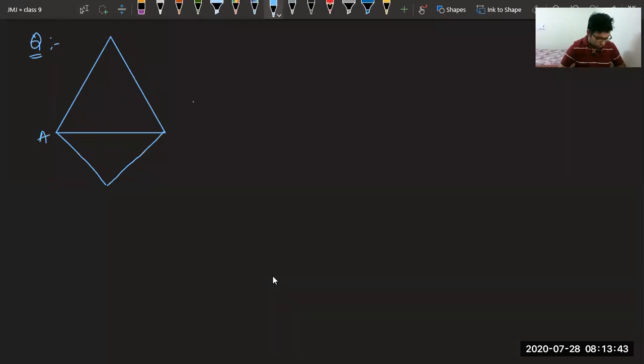Oops, this is A, this is B, this is C, and this is D. They both are isosceles triangles in which AB equal to AC and BD equal to CD. Now they want us to prove angle, complete angle ABD is equal to complete angle ACD.